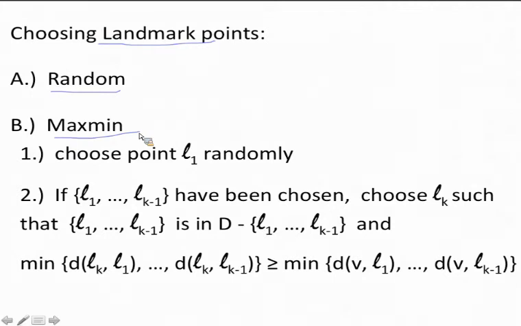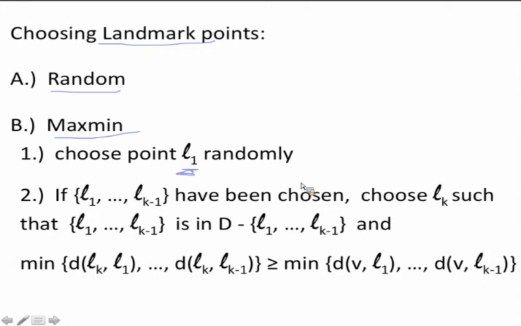In the max-min, the first point is chosen randomly, but only the first point. Once the first point is chosen, then we choose the next landmark such that this distance here is the largest possible.